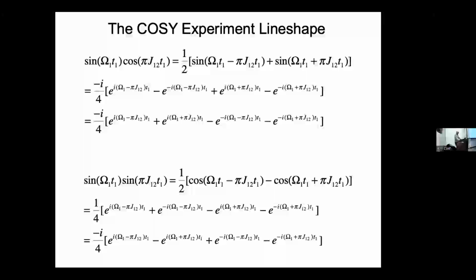I then have the problem that I have two doublets when I expect one doublet. And that comes from the fact that I've only measured the sine component of the evolution under the chemical shift.